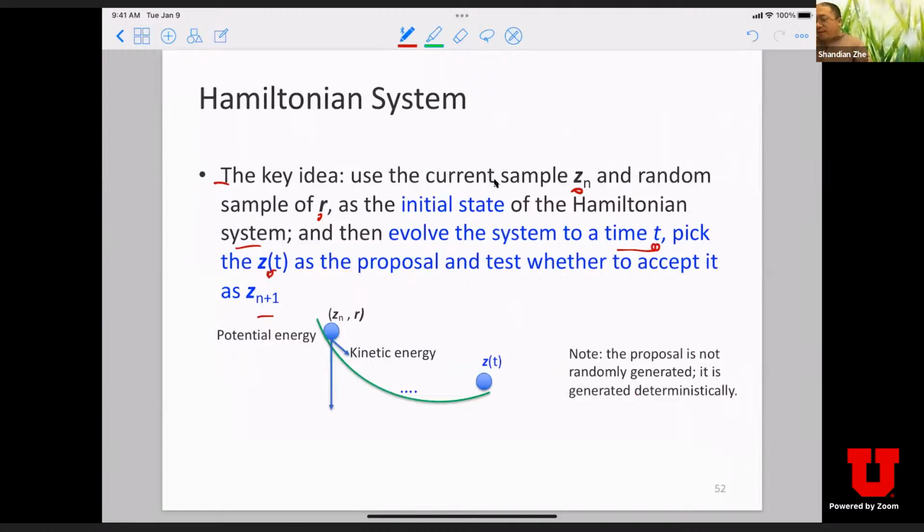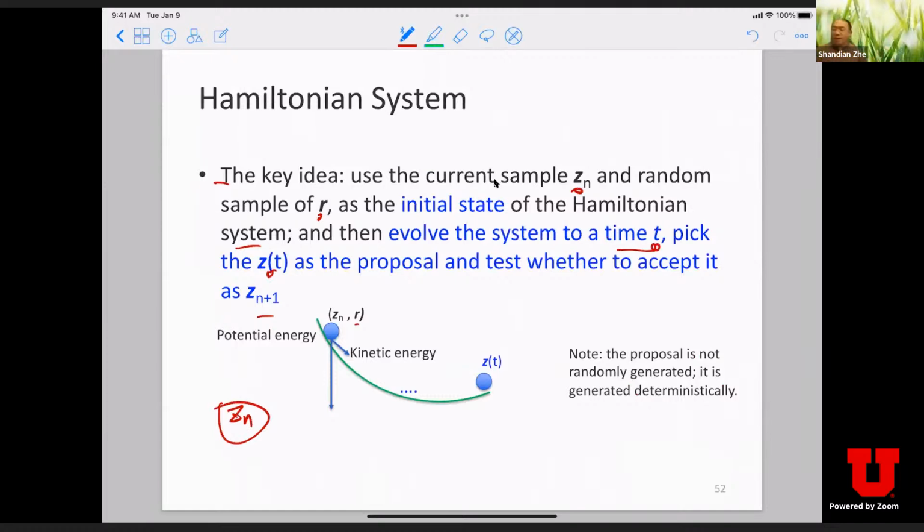So this is essentially a simulation procedure to generate a new proposal. How do we simulate? We simulate the Hamiltonian system. Suppose currently my sample at step n is Zn. I initialize my system with Zn and another random variable R, which is a random sample from a Gaussian distribution.